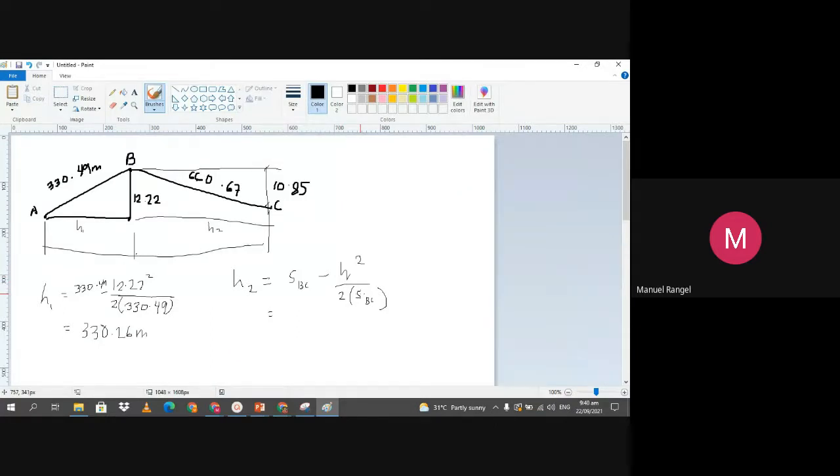So it would give us a value of 660.88 meters.